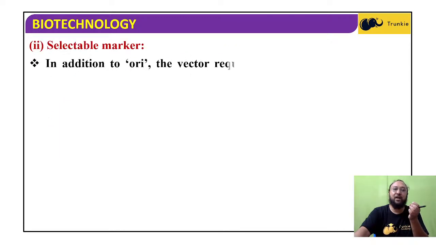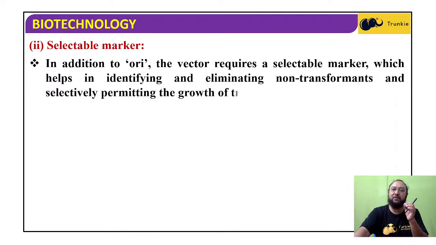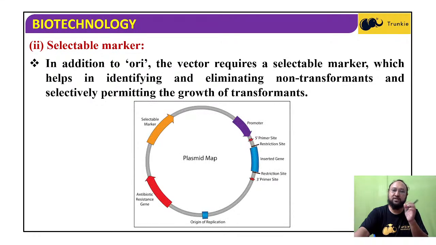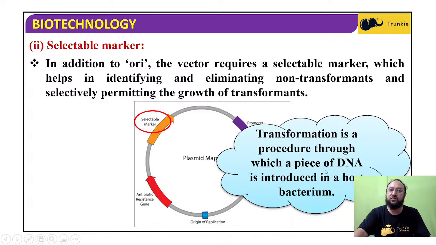So, selectable marker. In addition to the ORI, the vectors require a selectable marker, which helps in identifying and eliminating the non-transformants and selectively permitting the growth of the transformants. A marker means a particular region in the vector. And transformation is a procedure through which a piece of DNA is introduced into a host bacterium.